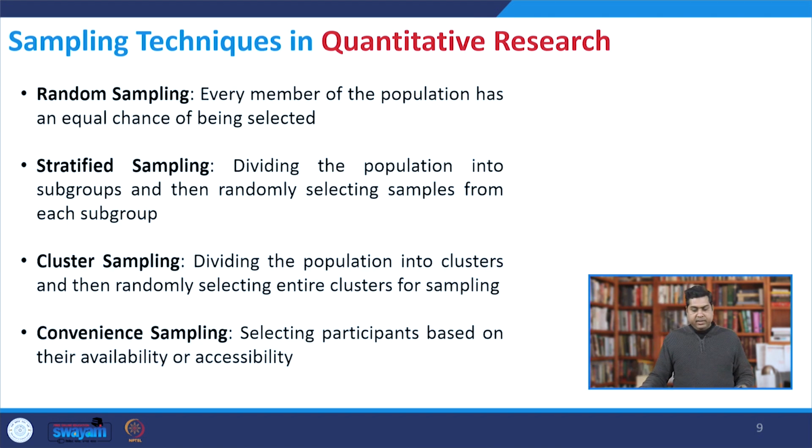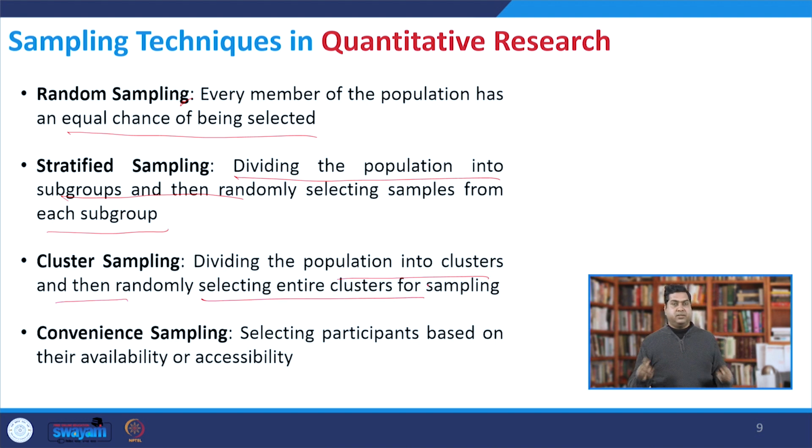Now, sampling technique. In this case it can definitely be random sampling, where every member of the population has an equal chance of being selected. It can be stratified sampling, where the population is divided into different subgroups and a sample is randomly selected from each subgroup. Cluster sampling is a little different, where the population is divided into clusters and the entire cluster is randomly selected.